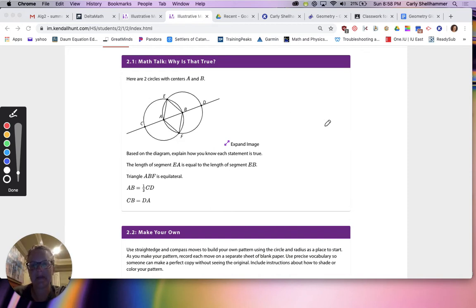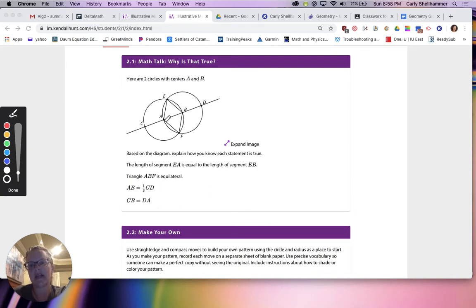All right? Now, can we say that segment AB is 1/3 of segment CD? CD is the distance from the outer edge of A to the outer edge of D. So truly, this segment is equal to this segment is equal to that segment. Therefore, I can say that segment AB is equal to 1/3 of the length of CD.